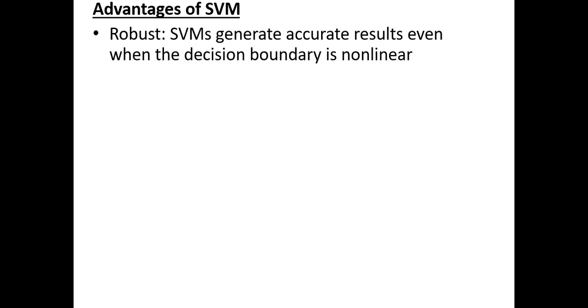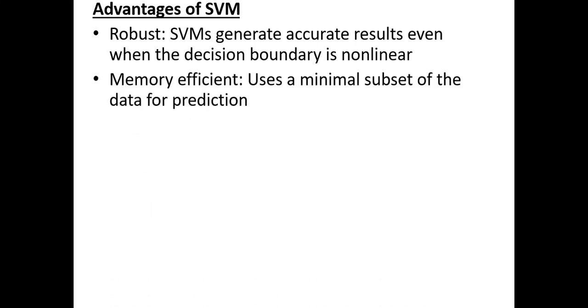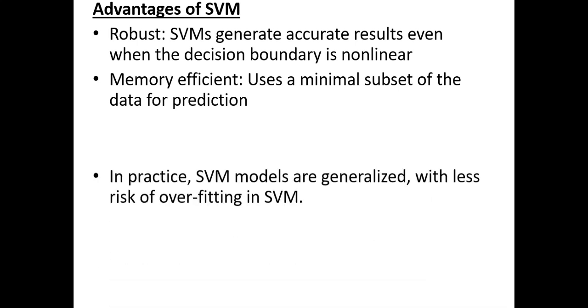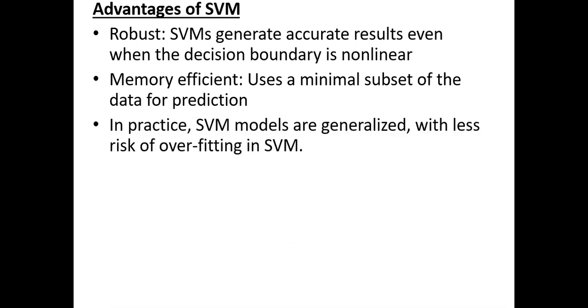Second, it is memory efficient, as it uses a minimal subset of the data for prediction. So while predicting or testing a dataset, it takes minimal memory. Third point, in practice, support vector machine models generalize with less risk of overfitting. So the risk of overfitting in support vector machine is very low.